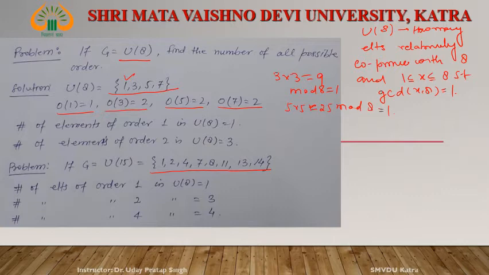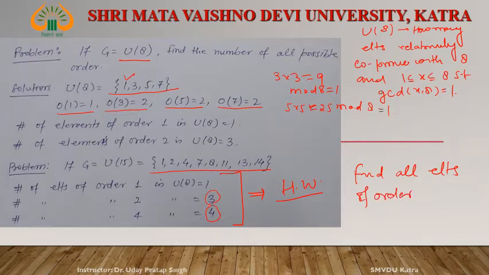Now 3 elements in this group have order 2 and 4 elements in this group have order 4, right? This is homework for you. Find all elements of order 2 and 4 in U15, right?